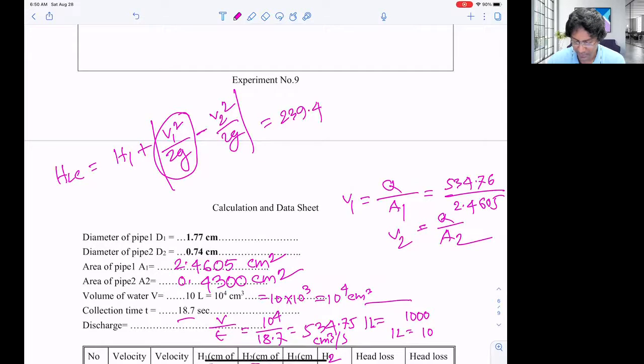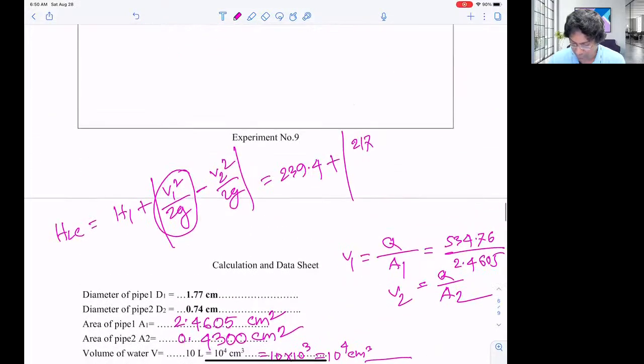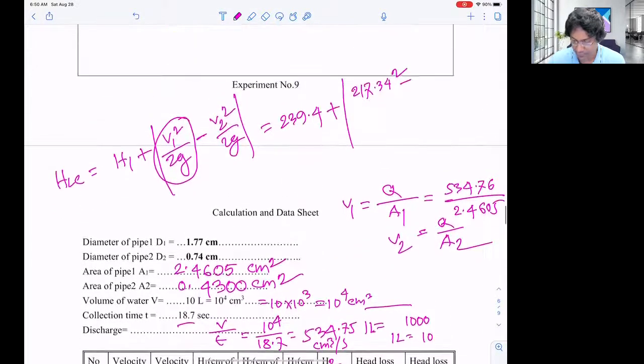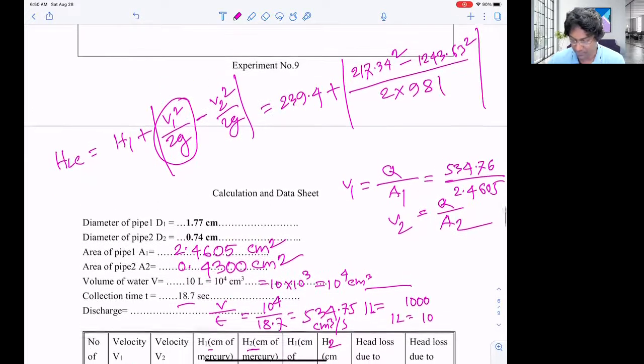So it will be 239.4, H1, plus the absolute difference between the velocities: V1, 217.34 squared, minus 1243.63 squared, divided by 2 into 981, because this is common for both.